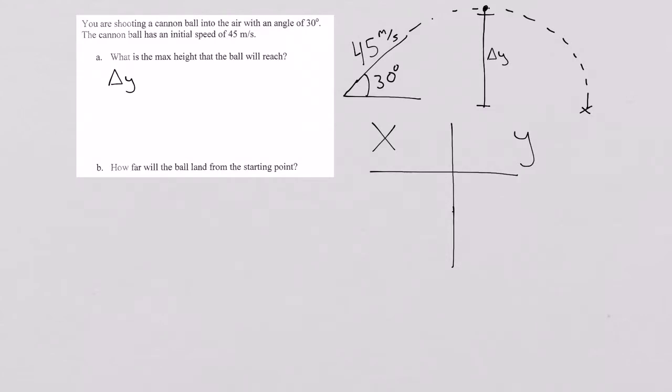When we're solving for delta y, there are multiple equations, but the one I'm going to use is velocity y final squared equals velocity y initial squared minus 2g delta y, where g is gravity. The original equation is plus acceleration, but since our acceleration is negative 9.81, thanks to gravity, it is negative g.